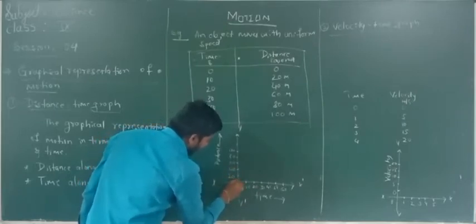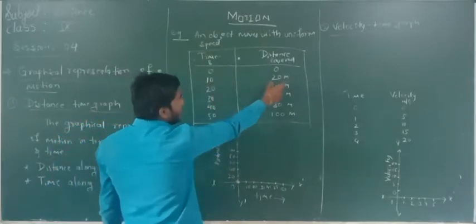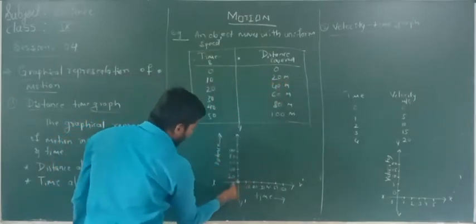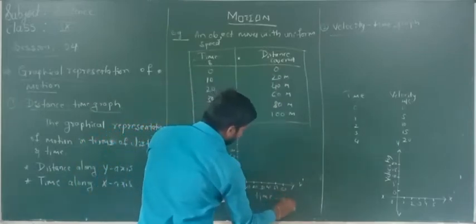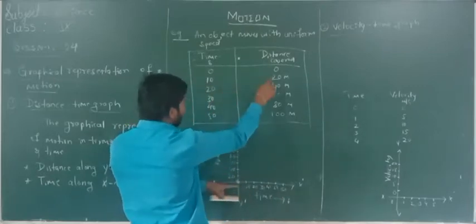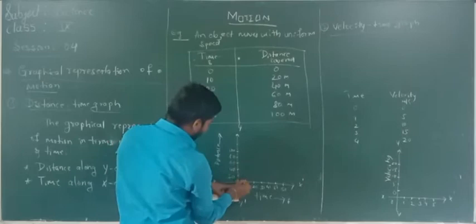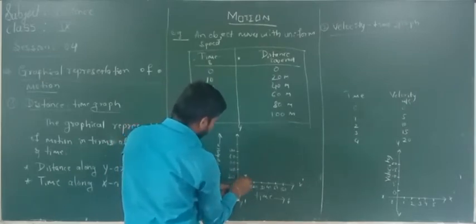Mark the point on the graph. Next, after 10 seconds, the car covers 20 meters. 20 meters is here, so mark the point here.